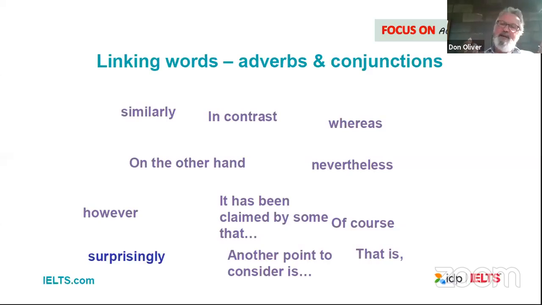These are some examples of the sorts of words that link ideas together. So try and use these words as confidently and as easily as you can. The more you understand how these words are used, the better. And a great way to understand the use of these words is to read. The more you read, the better you'll be able to use words like this.